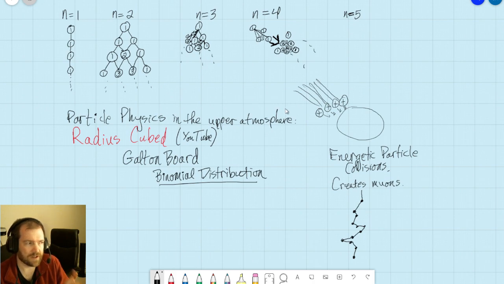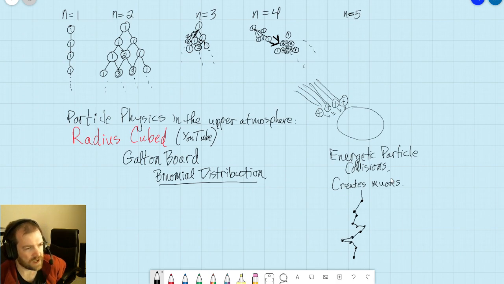And most of them, again, don't interact, but when the muons get created from the particle collisions... Wait, I just contradicted myself. Okay, cool. As they start losing their energy, we start seeing more and more collisions, and so you can get this interesting pattern to it.